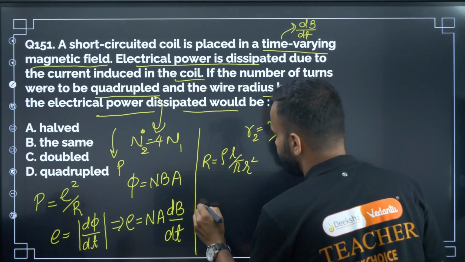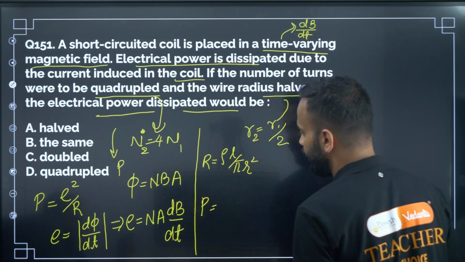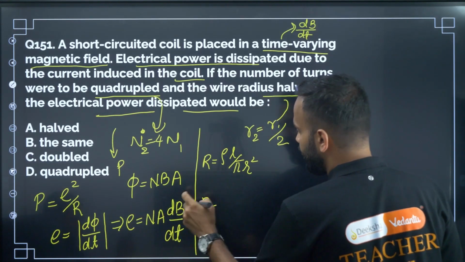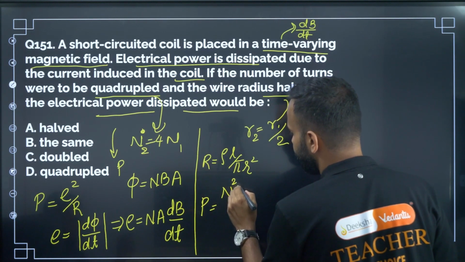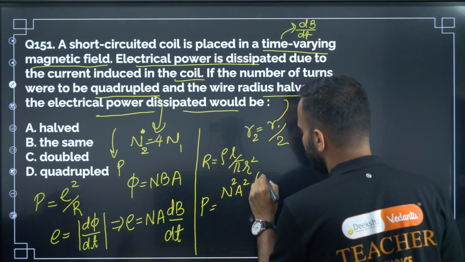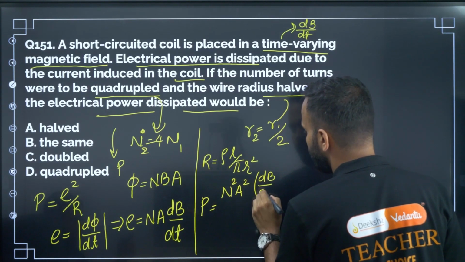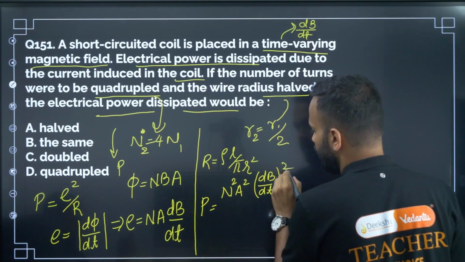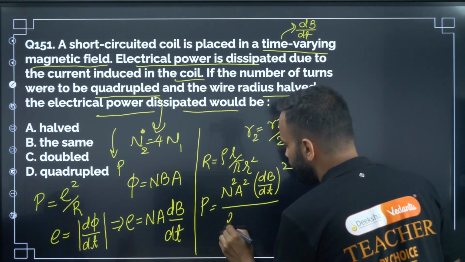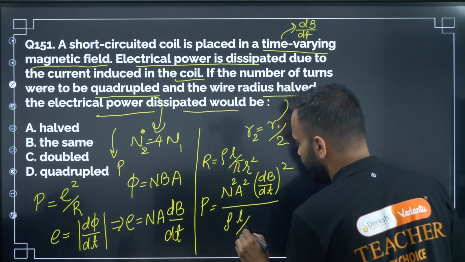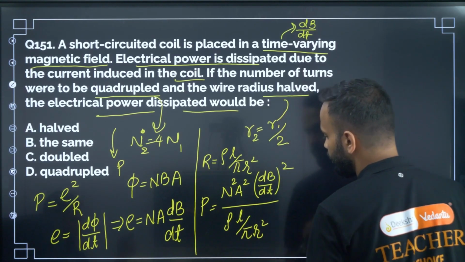So now here power dissipated, P is equal to E square, right? E square is n square a square into dB by dt whole square, whole divided by rho into L divided by pi into R square, right?